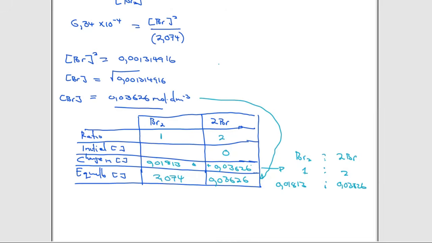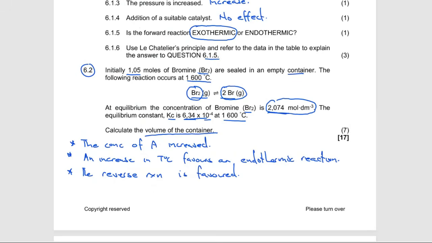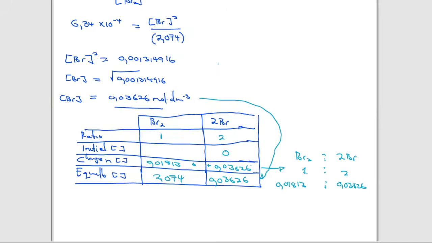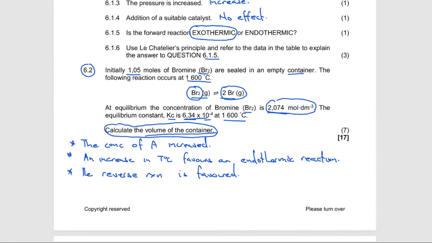Now remember what we were asked: to calculate the volume of the container. So we're looking for the volume of the container, and we proceed to the initial concentration. What are we given in terms of our initial concentration? Let's look at our values.